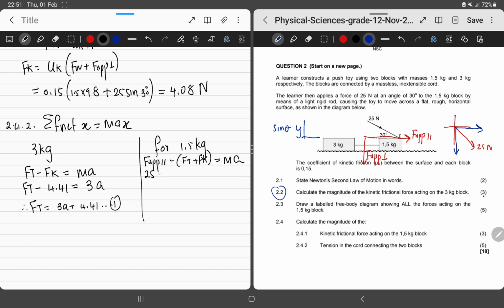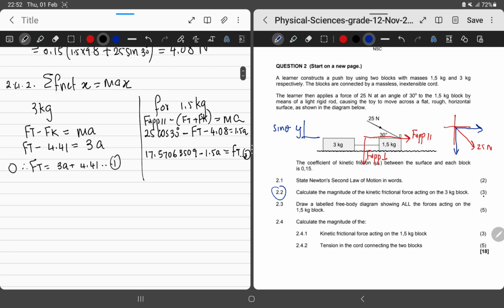This is 25 cos of 30 degrees minus the force of tension, which is what we are looking for, and then 4.08, which is equal to 1.5a. 25 cos of 30 minus 4.08 gives 17.57063509. Then minus 1.5a is equal to the force of tension, and that is equation 2.